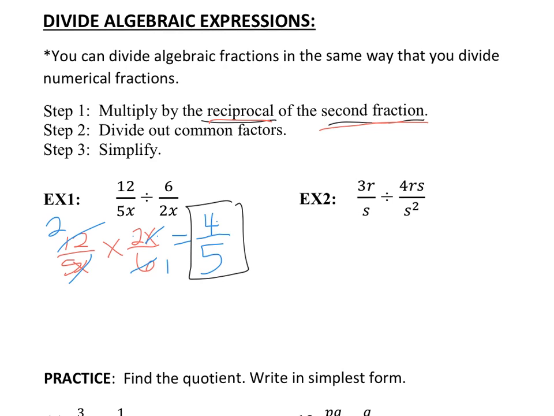Now in example 2, I can do the same thing. I keep the 3 over r, or 3 times r, over s, then multiply by the second fraction's reciprocal. So I have s squared over 4rs.